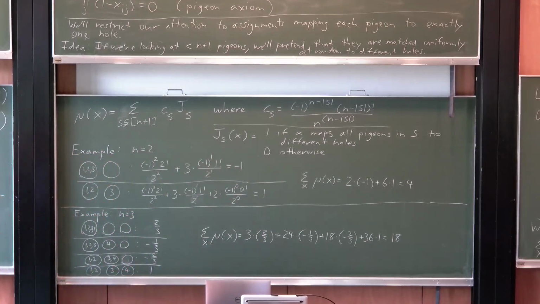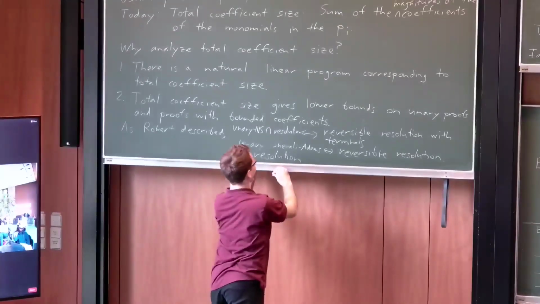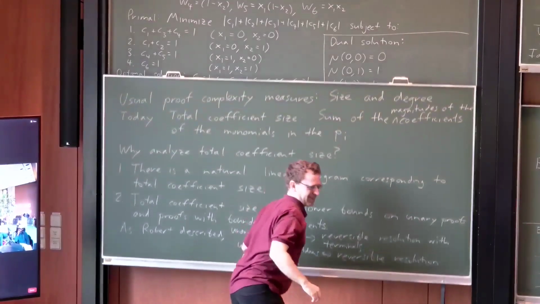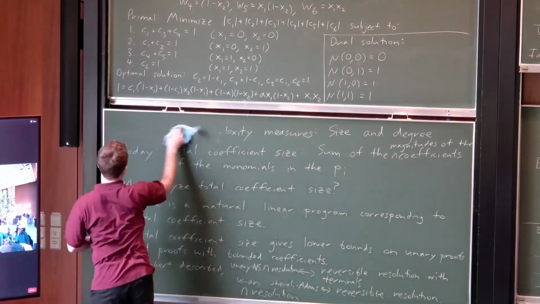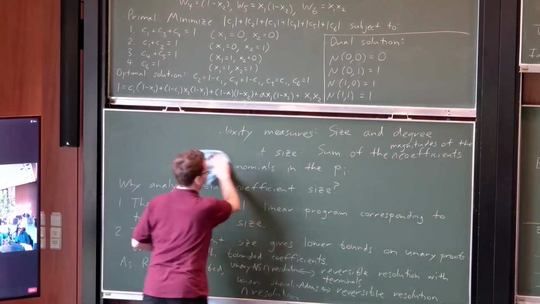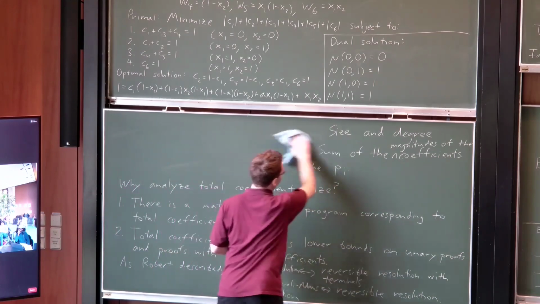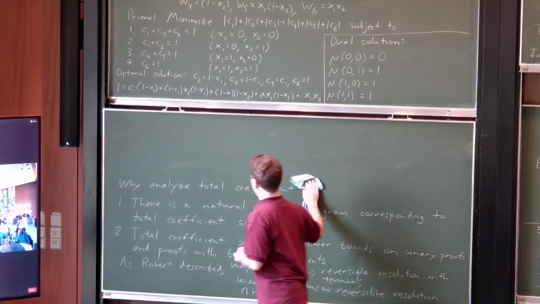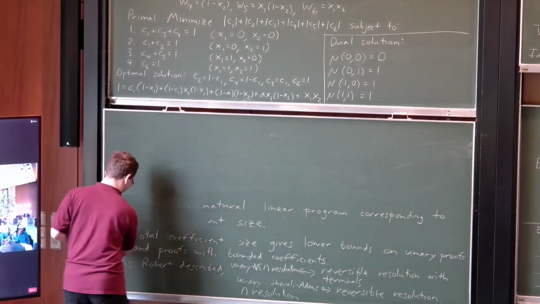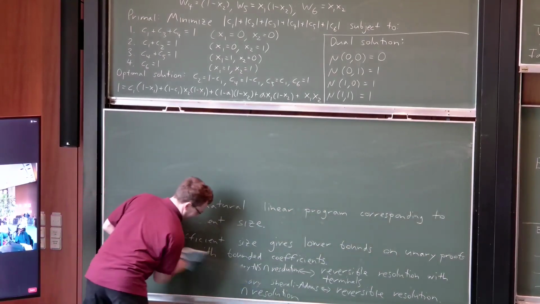I realized that I'd forgotten to actually state our results. Let me quickly state our results, and then I'll describe the key property that we use, and then I'll be essentially out of time.